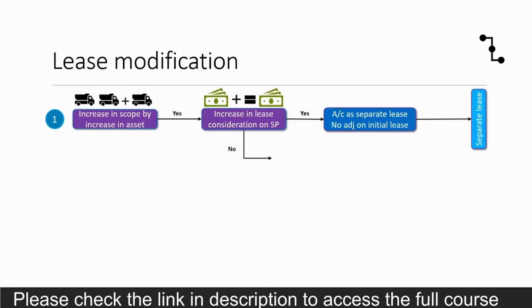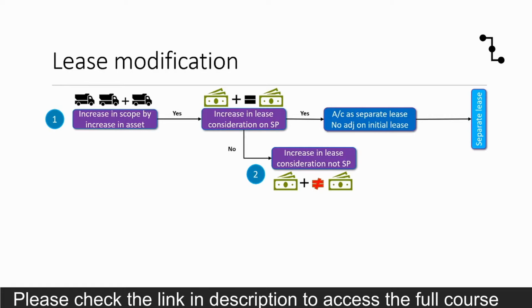Now suppose the increase in consideration is not in line with the increase in scope, then what? For example, the lessor quoted $1,300 for the 3 trucks instead of $1,500. That means there is some discount element in this offer.